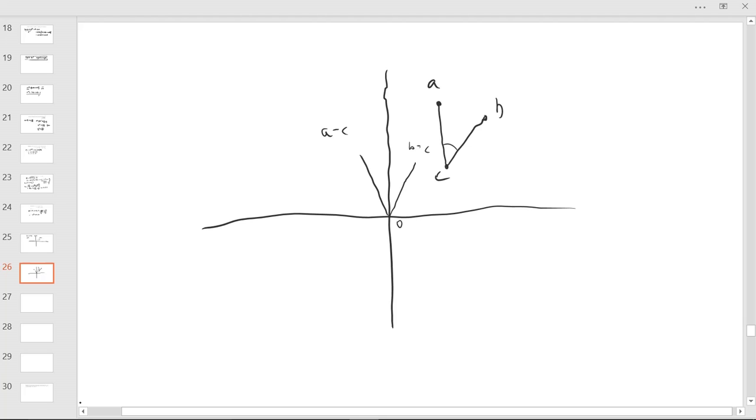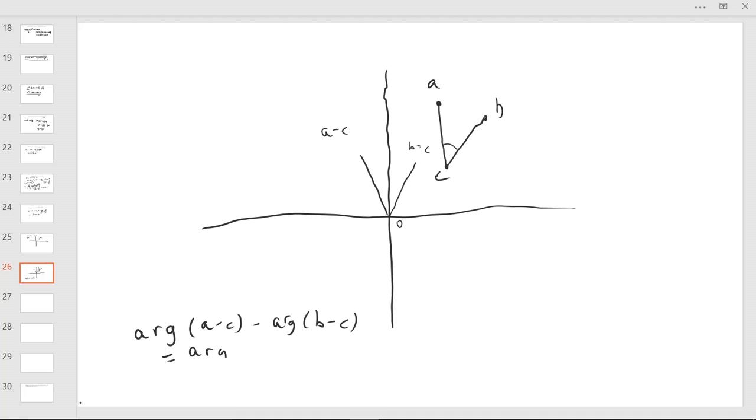Now we can easily find the angle between A minus C and B minus C, which is just the angle between A and B, by taking the difference of their arguments: the argument of A minus C minus the argument of B minus C. And by our observations on the division of complex numbers, this is just the argument of (A minus C) over (B minus C). So in general, this is the angle between 3 complex numbers.